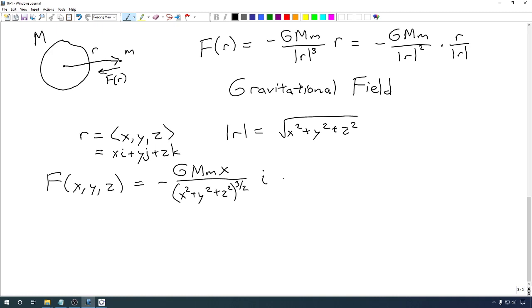That's times i. But then we have essentially the same form for the other ones, but instead of the x, we have a y for the second component. That's times j. And then finally, the same kind of thing, but with a z.